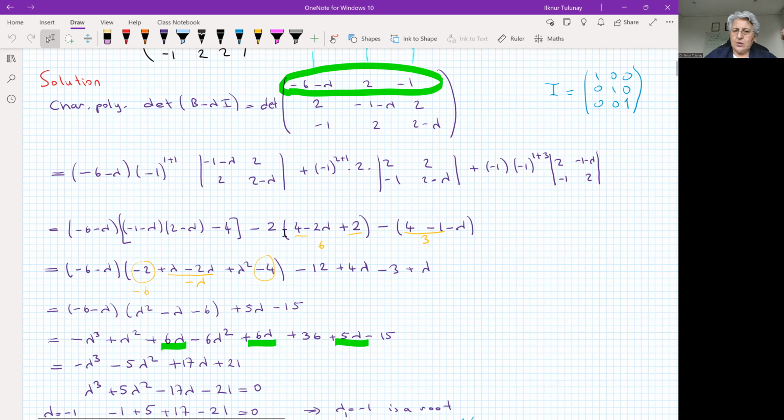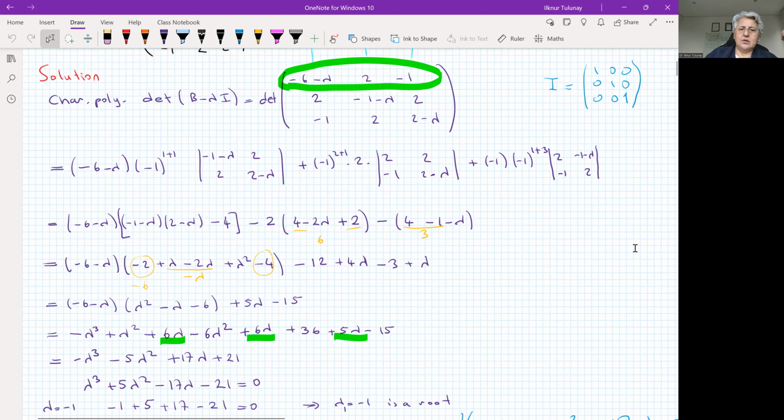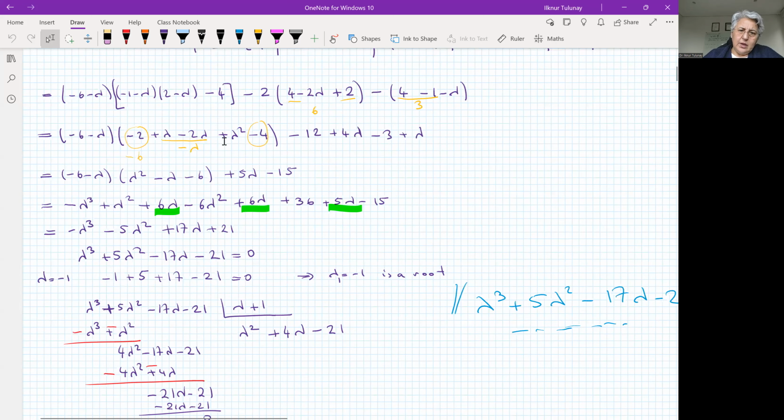We have -2 lambda times -2, that will be +4 lambda. Here we have 3 and minus lambda, so this is -3 plus lambda. We are still tidying up this. 6 minus lambda times lambda squared. Here we will have minus lambda, -4 -2 -6. What we have here is -15, and 4 lambda plus lambda will be 5 lambda.